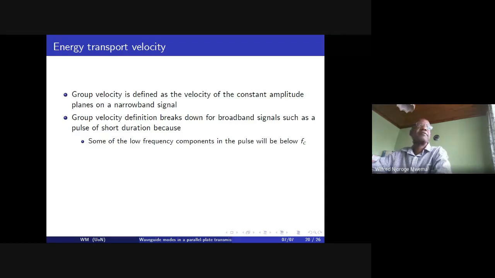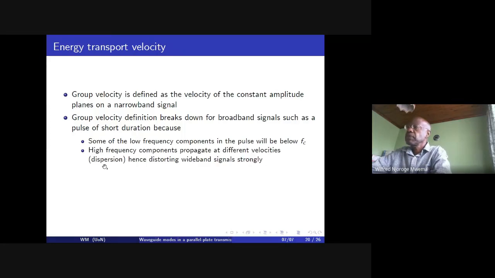We have seen for the parallel plate waveguide, the cutoff frequency fc is actually 0, and therefore we have no problem. But the TE0 modes, which do not propagate in a parallel plate waveguide, will be shorted out. So high frequency components will be propagating at very different phase velocities because of the dispersion, and therefore the wideband signal is going to be distorted.